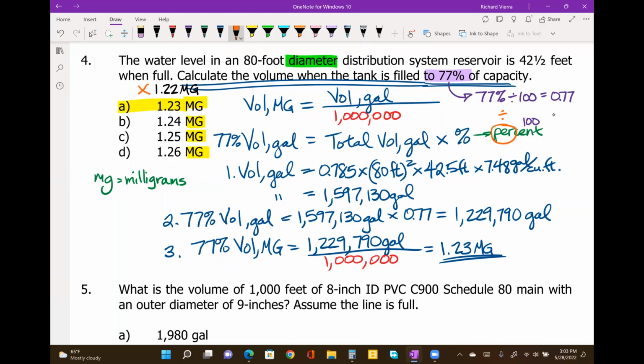But if you chose that, it would be incorrect. And 1.23 would still be the best choice, because even though you have the 1 point and then both of those 2's, if we're rounding off, since the second 2 is followed by a 9, it rounds up to a 3, and therefore answer A would still have been the best answer, even if 1.22 was one of the choices.